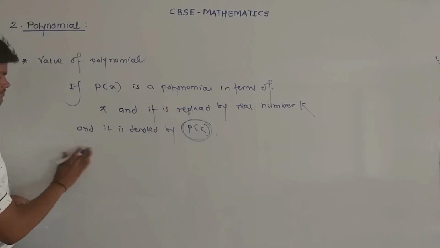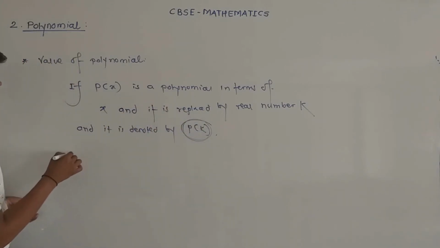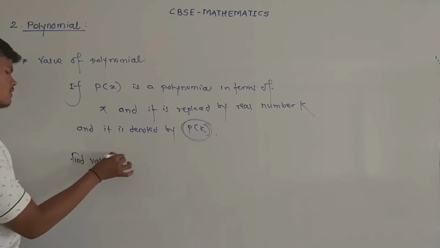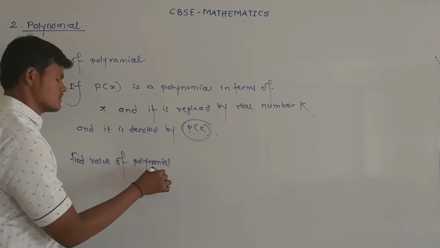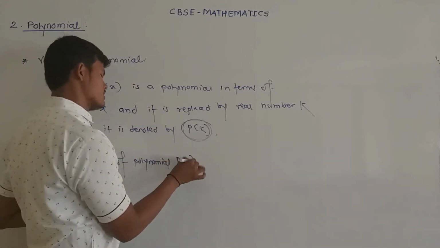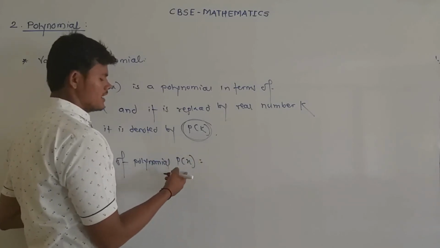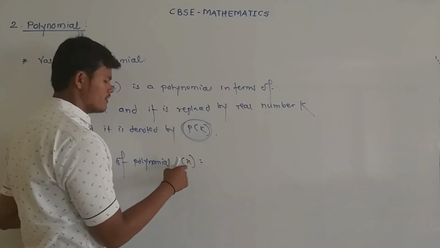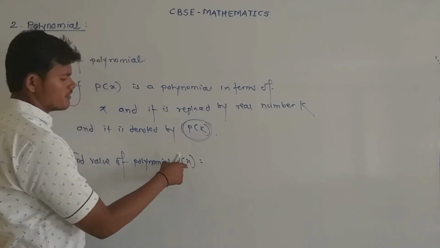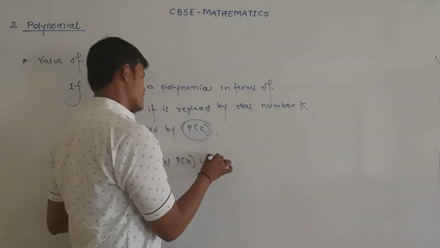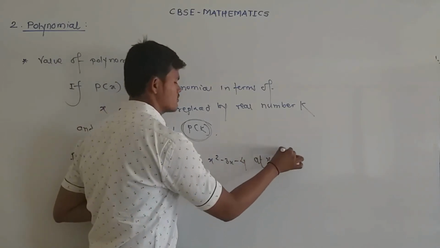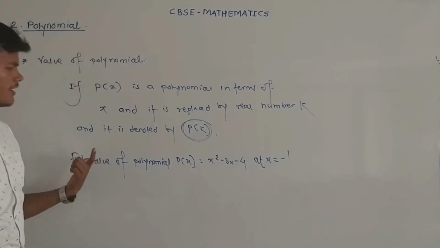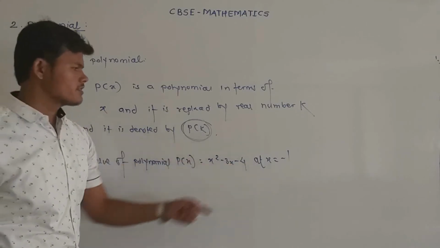For example, find the value of polynomial p of x equals x square minus 3x minus 4 at x equals minus 1. The given polynomial is in the form of x. That means in the polynomial we are using the variable x. We have to find the value of polynomial at x equals minus 1.